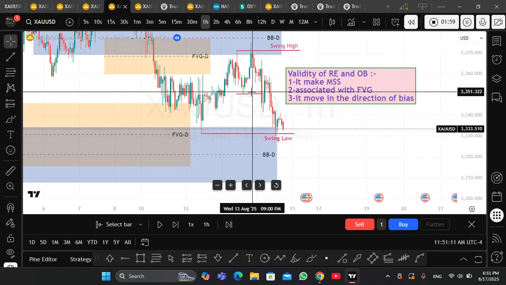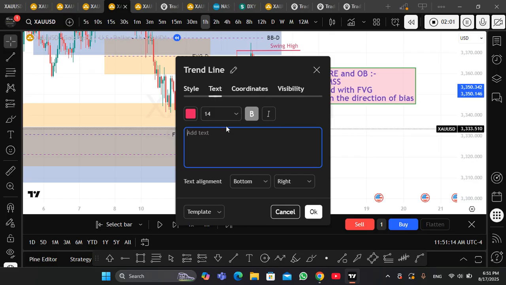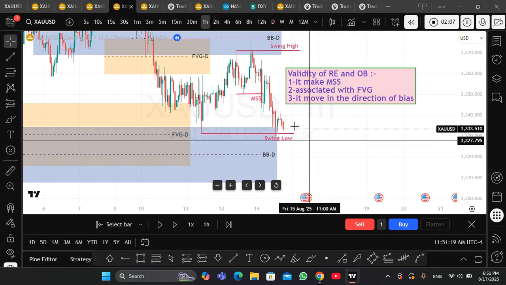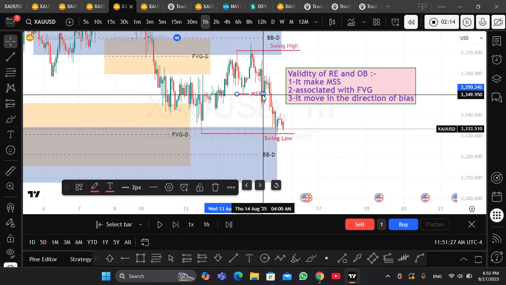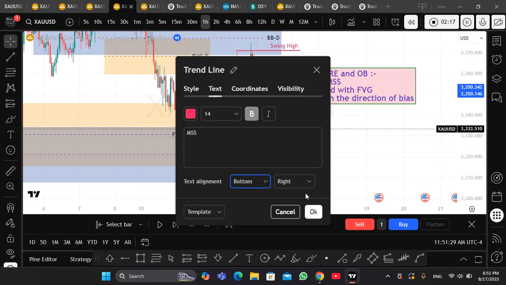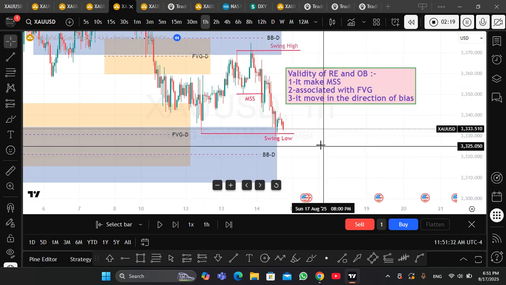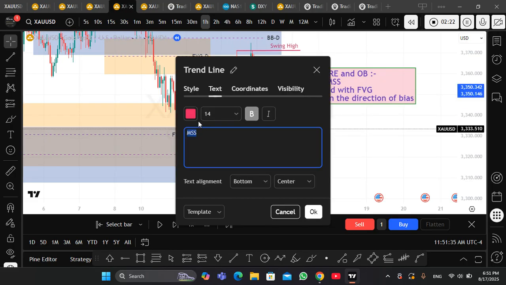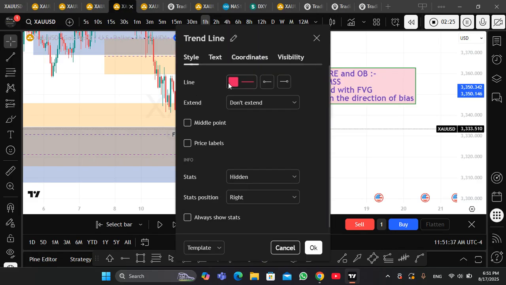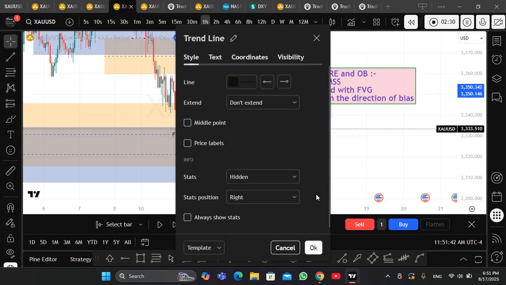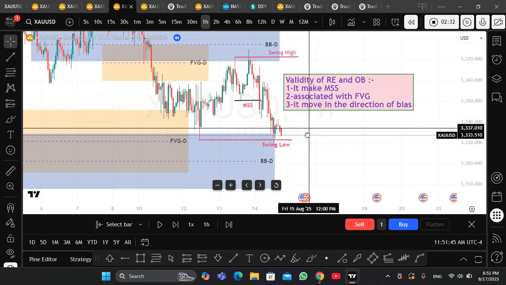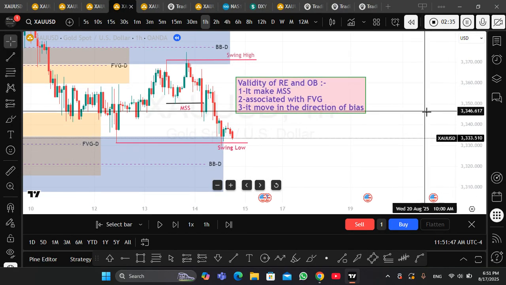Once the price makes this market structure shift, this is a market structure shift, and we will look for any order block.